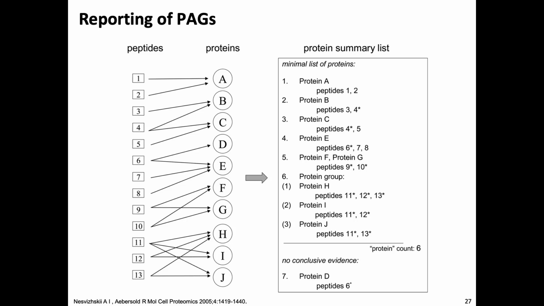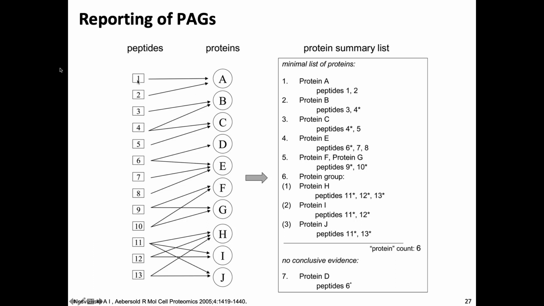So the reality looks a bit more complex. This here is an example where we observe 13 peptides. These are the guys here. And we have a bunch of proteins on the right-hand side. And whenever you have an arrow between a box and a circle, that means that this peptide is contained in this protein.